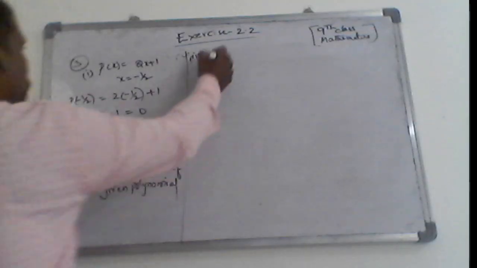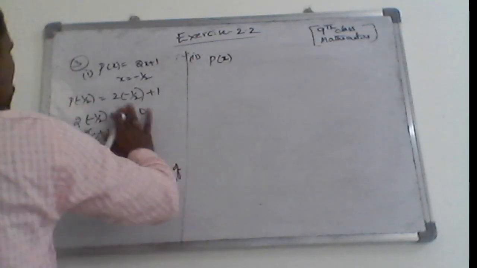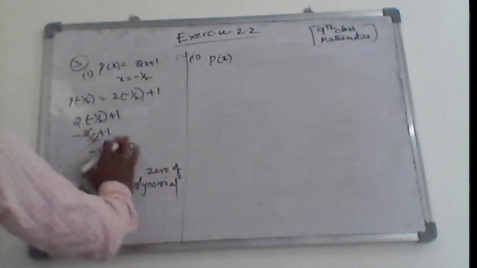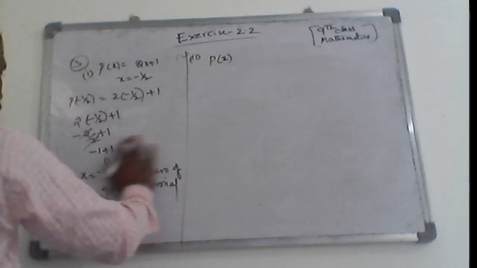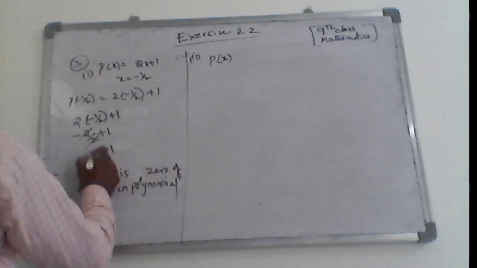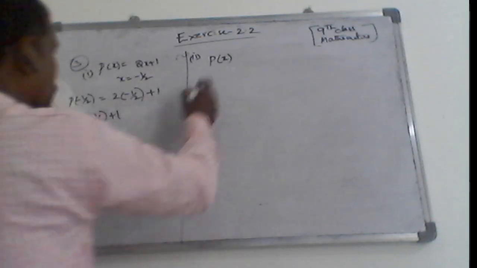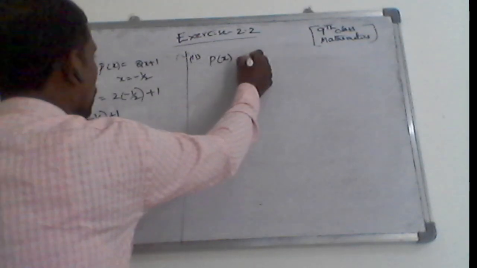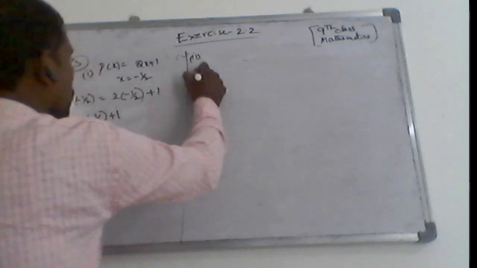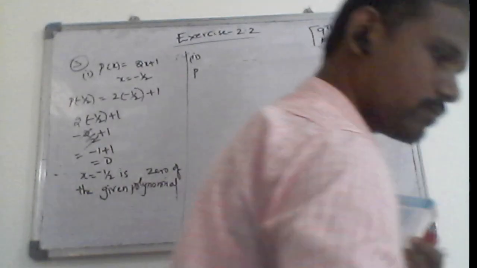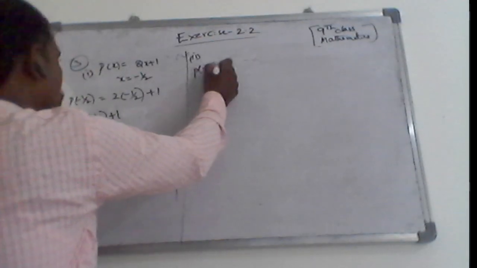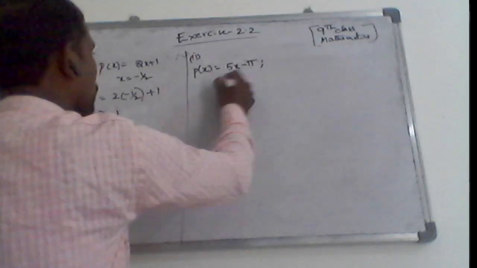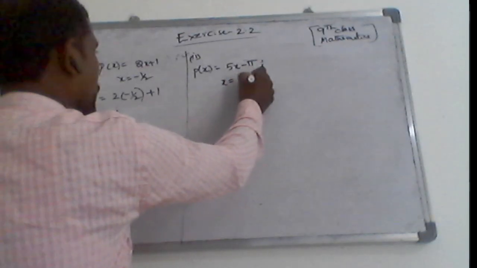Question number 2, P of x equal to 5x minus 5. Therefore x equal to minus 3 by 2.